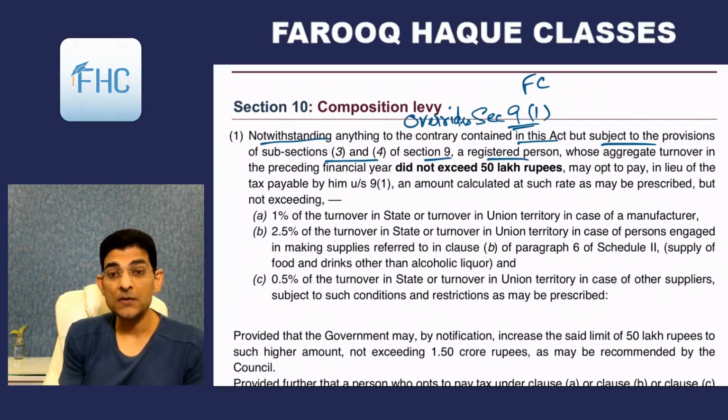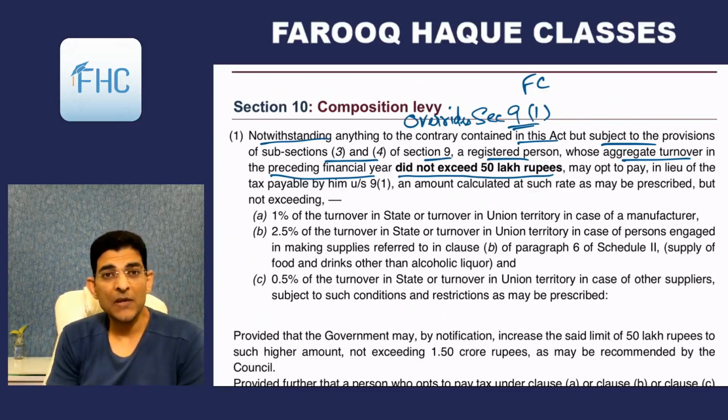A registered person whose aggregate turnover in the preceding financial year did not exceed 50 lakh rupees. So when in 2017 this GST Acts were made, the limit was prescribed at 50 lakhs, but the proviso is also there.